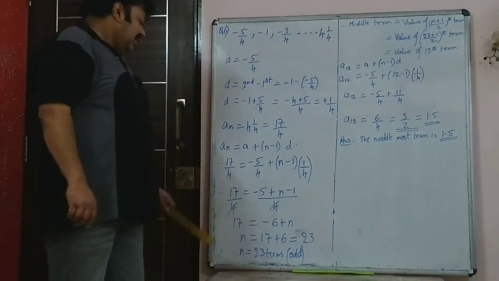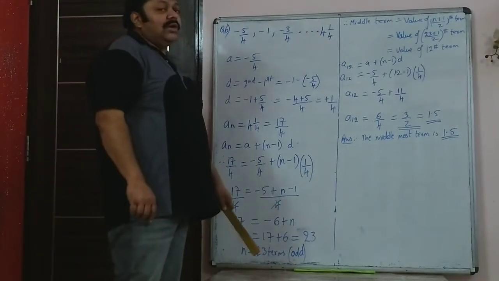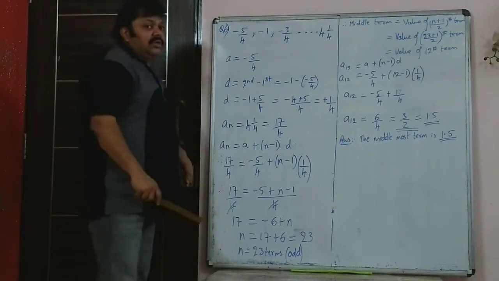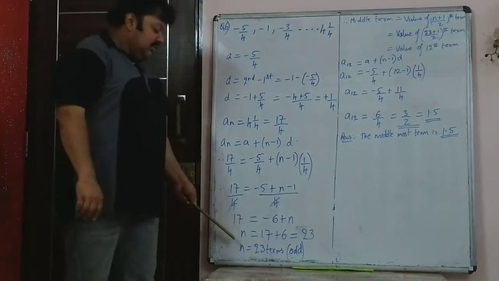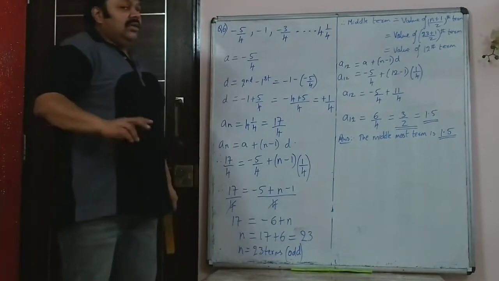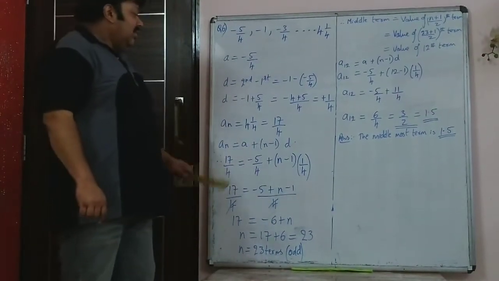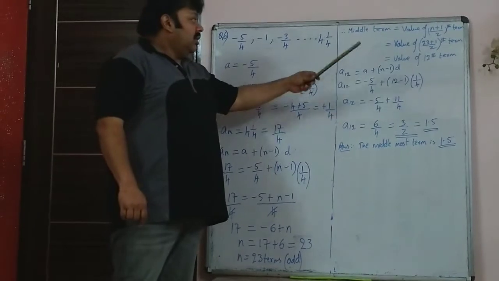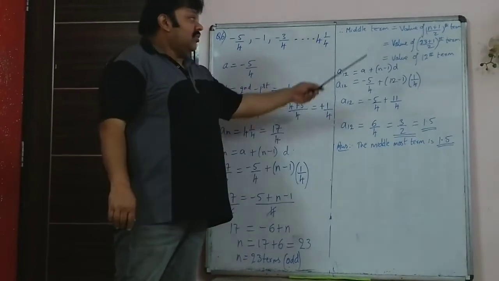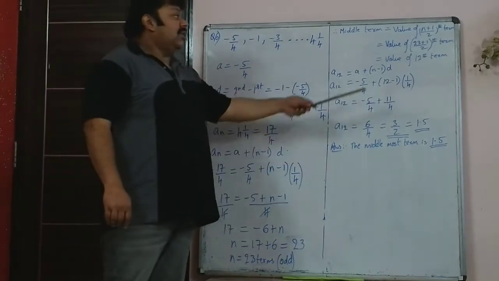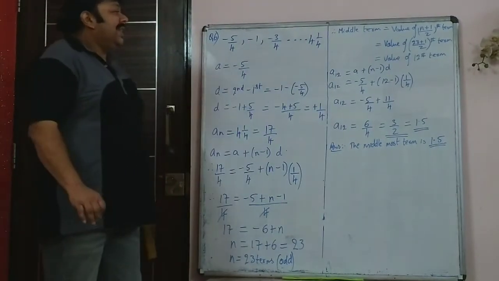Minus 6 shift to the other side, it will become n is 23. So now we know there are total of 23 terms in this AP. Because there are 23 terms, this is an odd number of terms. So since there is an odd number of terms, the middlemost term will be the n plus 1 by 2, that is 23 plus 1 by 2, or the value of the 12th term.